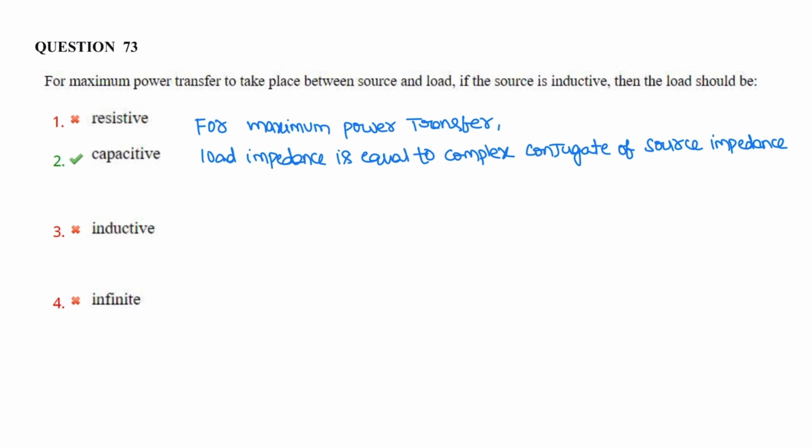Next question. For maximum power transfer between source and load, if the source is inductive, then the load should be? From the maximum power transfer theorem, to transfer the maximum power from source to load, the load impedance must be equal to the complex conjugate of the source impedance, ZS. Given the source impedance is inductive, ZS is inductive.